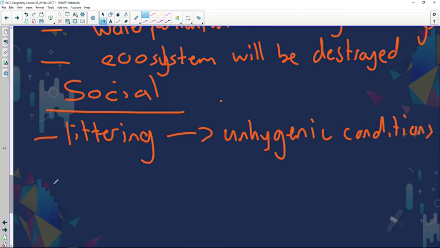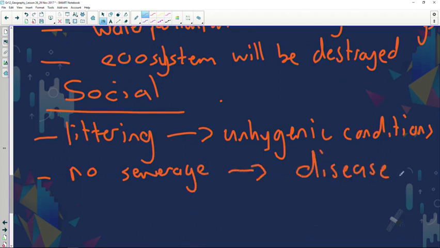Because of no sewage, what can happen? No sewage may lead to diseases that will affect the people.